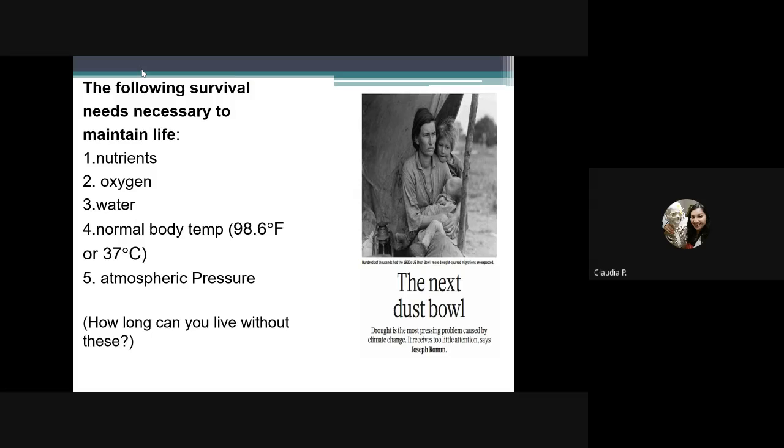After that 5 minute threshold, our cells start to die because we need oxygen to make something called ATP. You remember that from biology, oxygen is vital to make energy for our cells. After that, the cells start to die, particularly the cells of your brain. If the paramedics get to you and start performing CPR, and your heart has stopped pumping because of the lack of oxygen, they pump it for you through CPR.